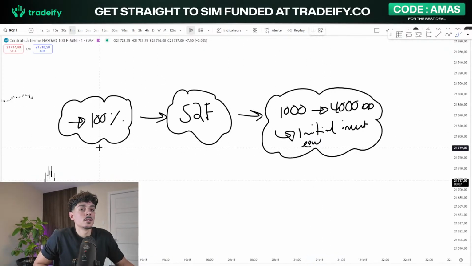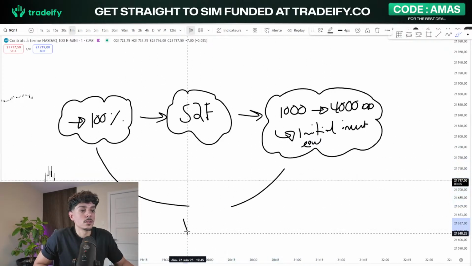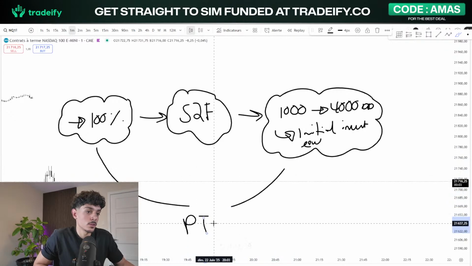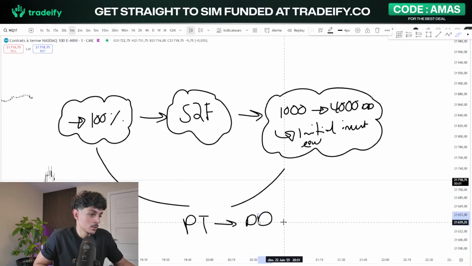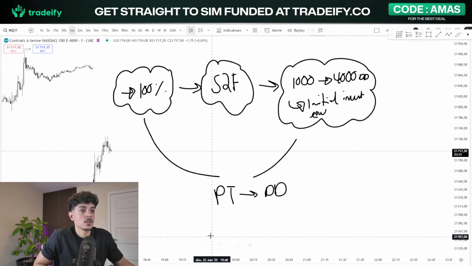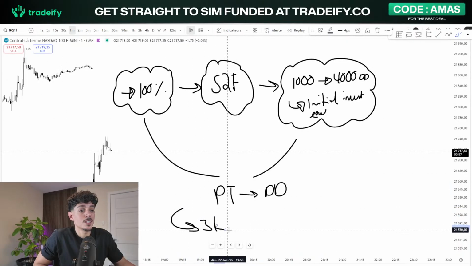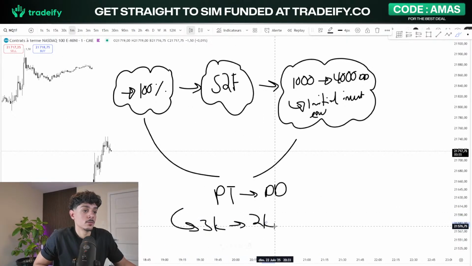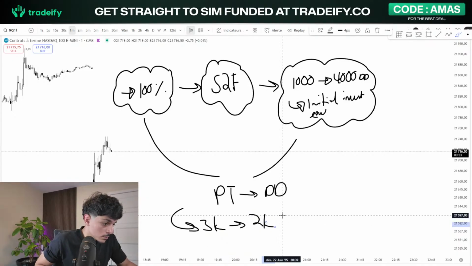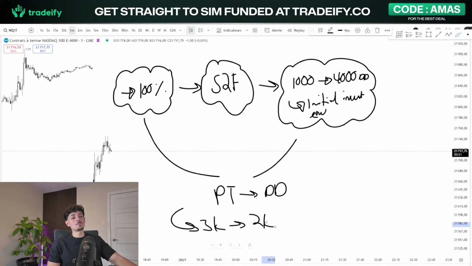And then last thing, the profit target. It's all about the profit target to drawdown ratio. My profit target is 3K, but to get out 2K of the account, which is great. Yeah, I was actually tripping. Don't ask me to do math, bro. I've been in front of that chart since 12.